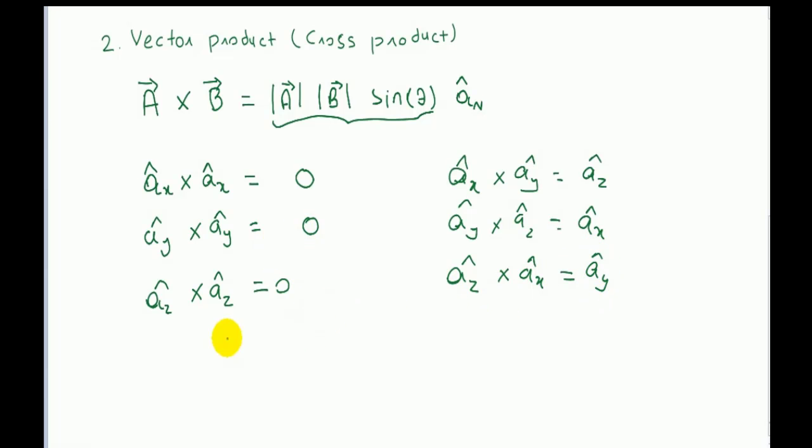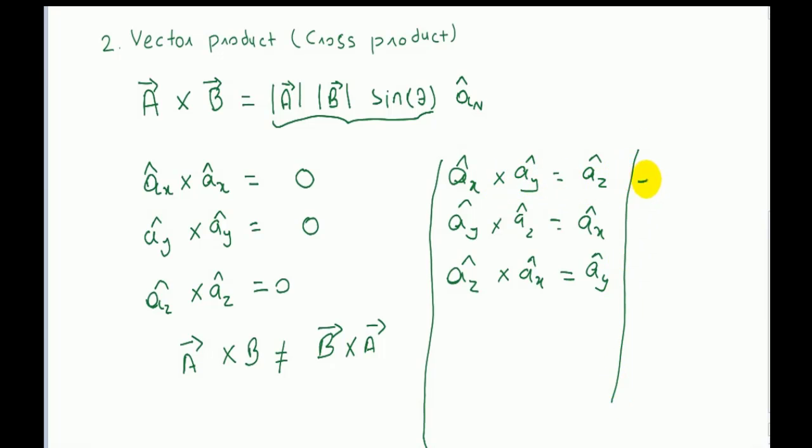Now the cross product is not commutative, that is, a cross b will not be equal to b cross a. In fact, it will be equal to minus of a cross b. That is, if ax cross ay is equal to az, and I do the opposite, ay cross ax, I will get minus az.